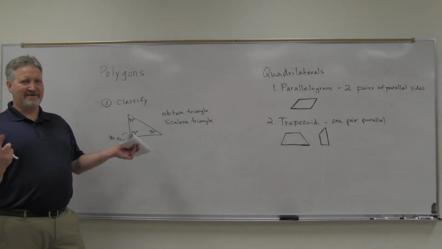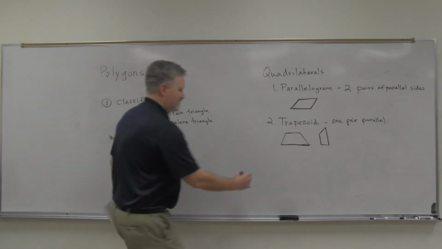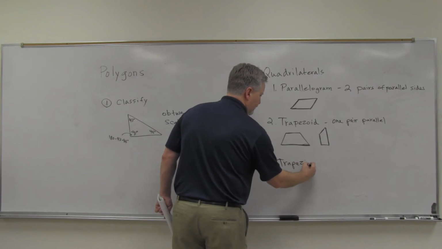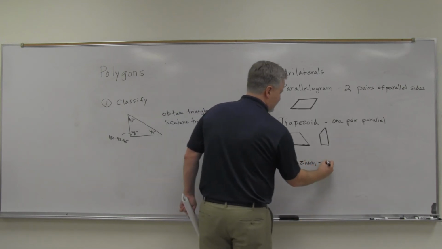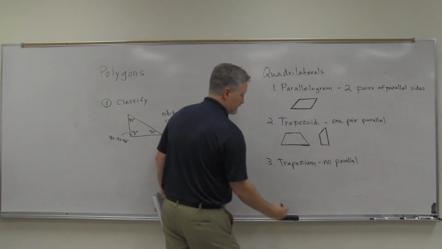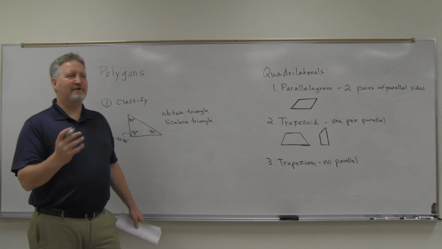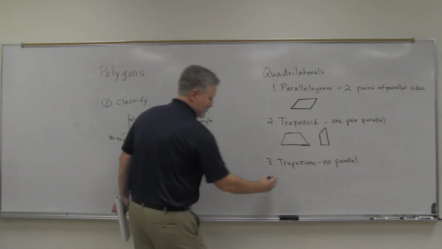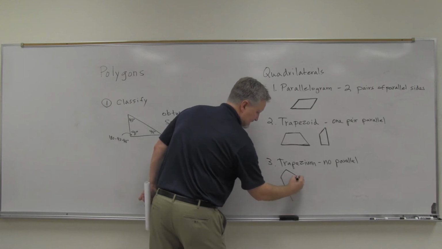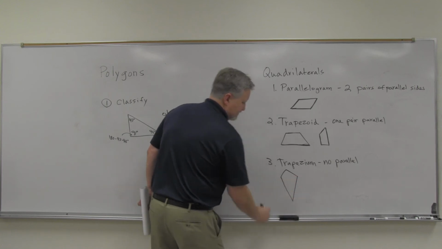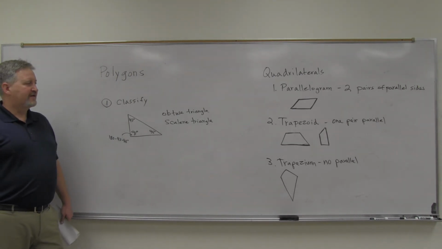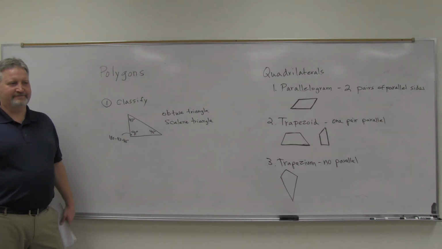Which leaves one other class, and that is trapezium. That's no parallel sides. The easiest one to draw is like a kite shape. It doesn't have to be a kite, but that's the easiest one to draw. But no parallel sides, that's called a trapezium.